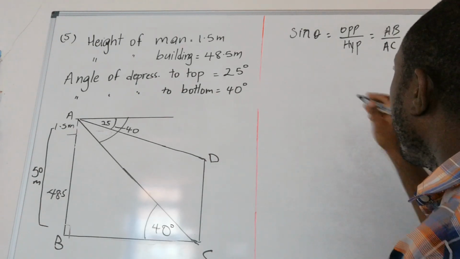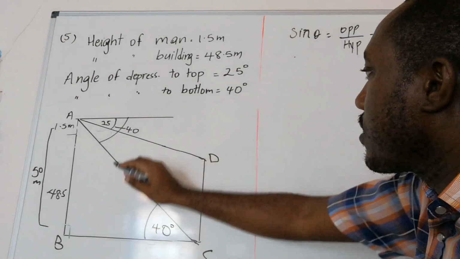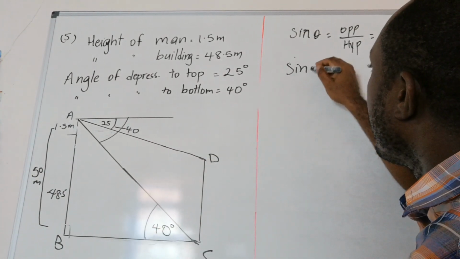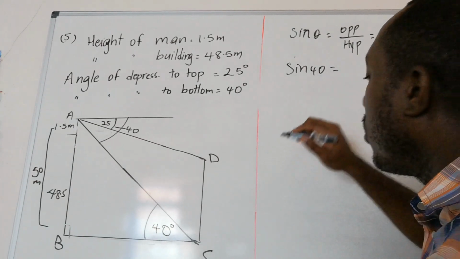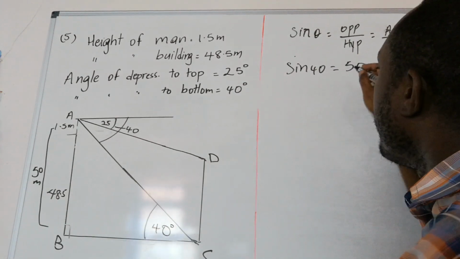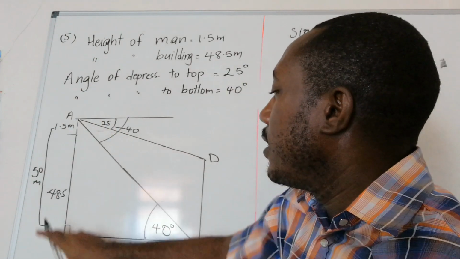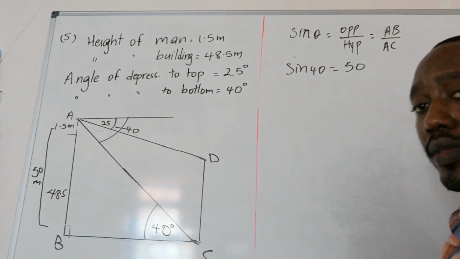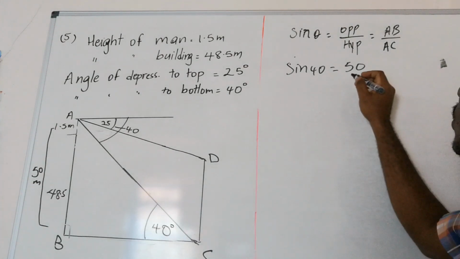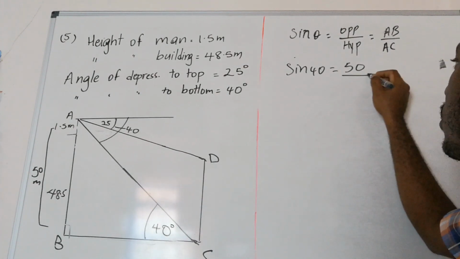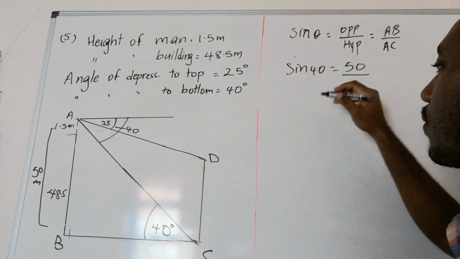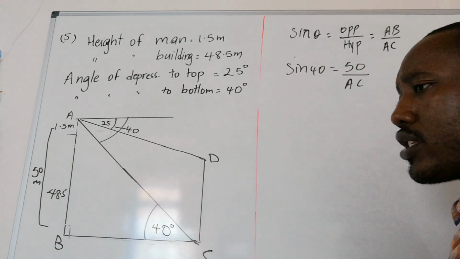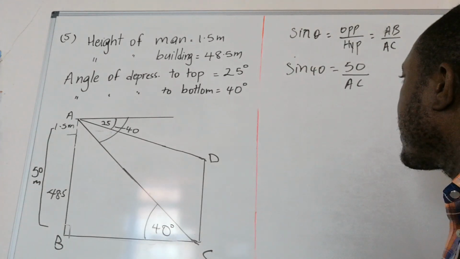So sine theta, in this case, sine 40 is equal to the opposite, which is 50. Remember, the 50 is the height of the building plus that of the man himself. So sine 40 is equal to 50 over the hypotenuse, which is AC. That is what we need. So we will transpose to find what AC is equal to.